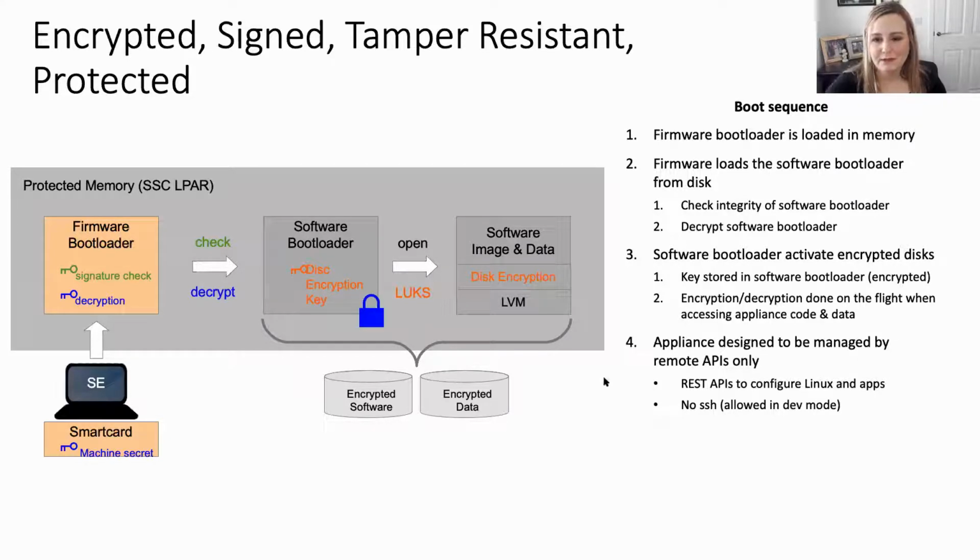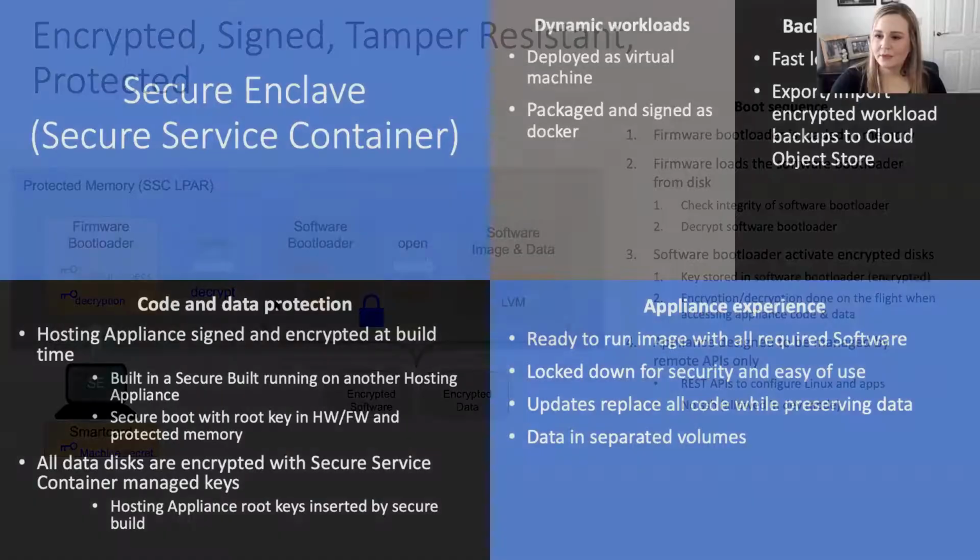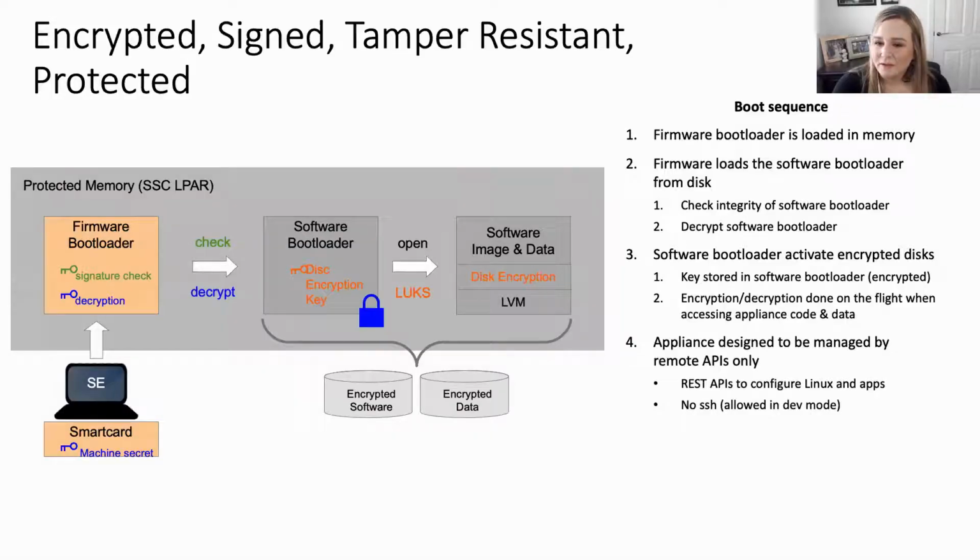So we're now on this second gray box with the software bootloader. Within that, we also have a key for disk encryption. So we are going to start encrypting and decrypting what's done in flight for accessing the appliance code and data. And we're going to end up with a software image that's got an encrypted disk, and it's a Linux virtual machine.